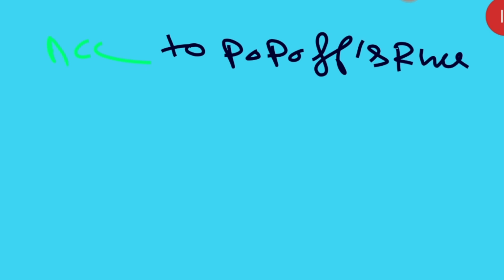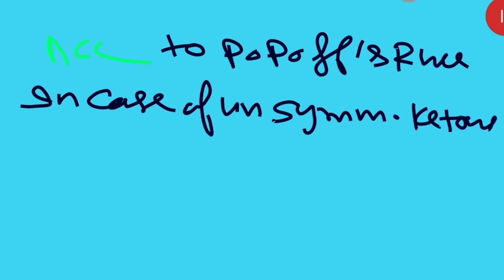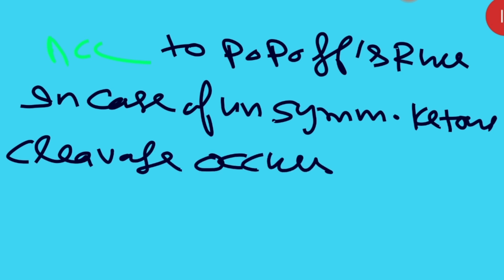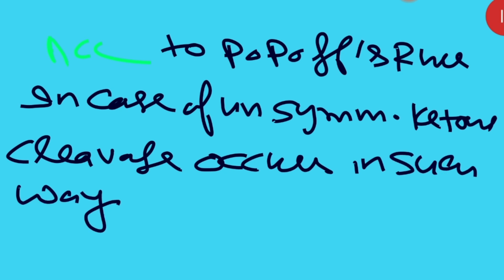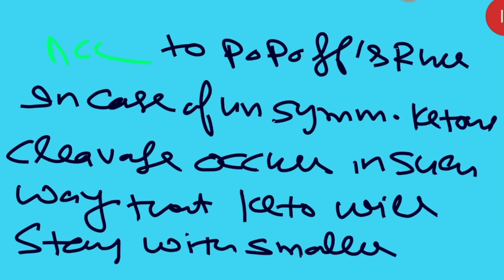What they are saying is, in case of unsymmetrical cleavage, in case of unsymmetrical ketones, cleavage always occurs in such a way that the keto group will stay with the smaller alkyl group.